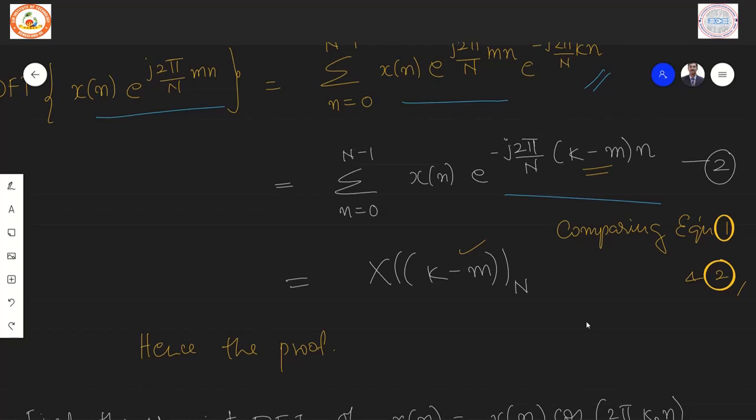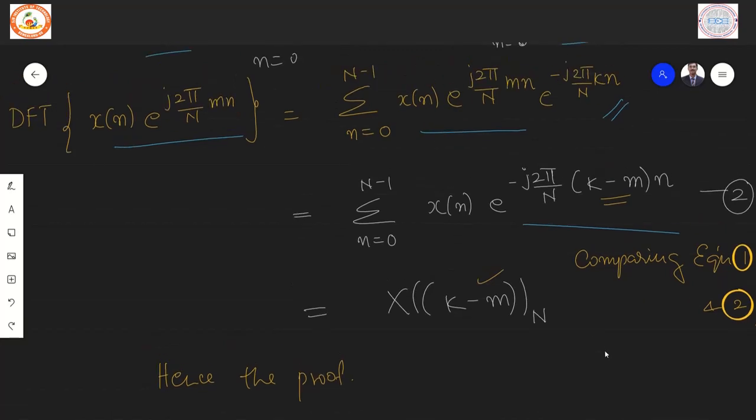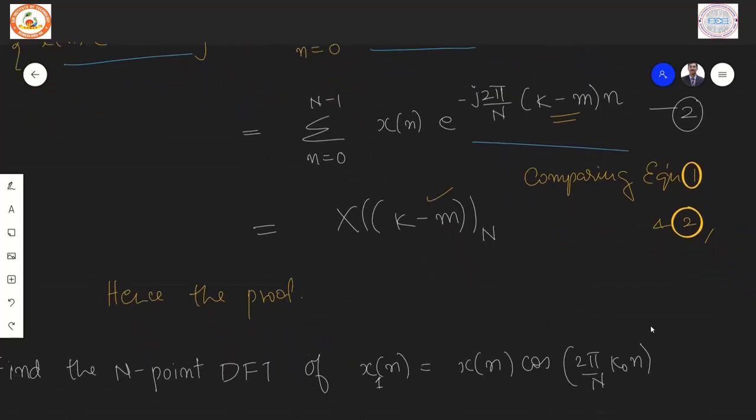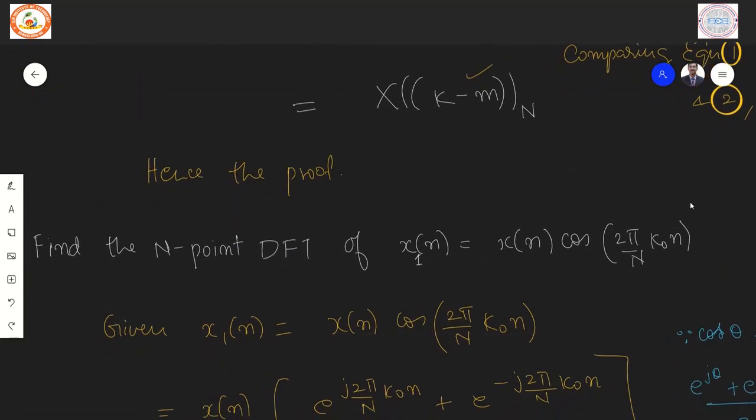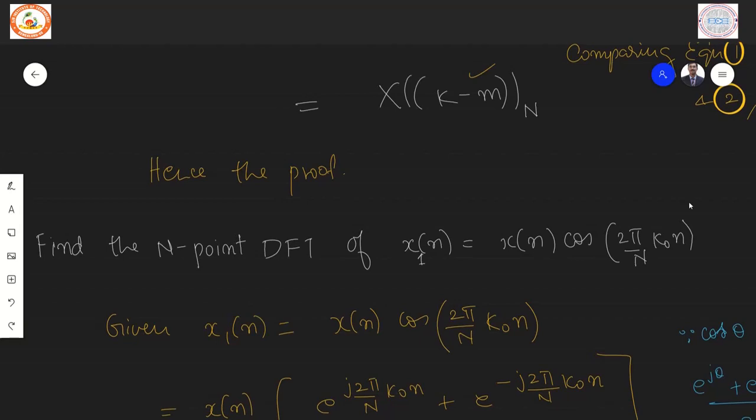So this is the proof of the circular frequency shift property. Now let us check a simple numerical based on this. They are asking you to find N-point DFT of a sequence called x1 of n, which is x of n times cos 2 pi by N k naught n.